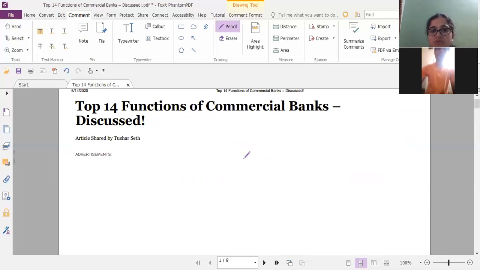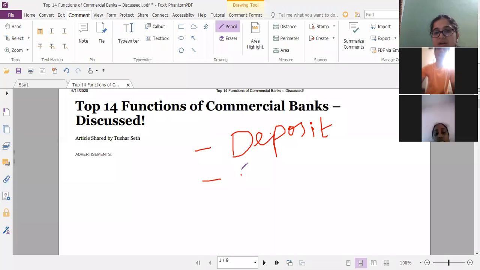We'll study all of those, but you should be thorough with these two functions. These are very important. One is deposit, right? You all are aware of it. You go and deposit your money in a bank. So this is one function. Another one is lending of loans.